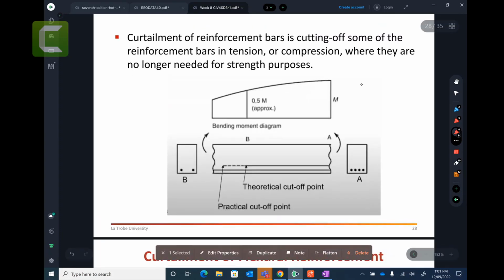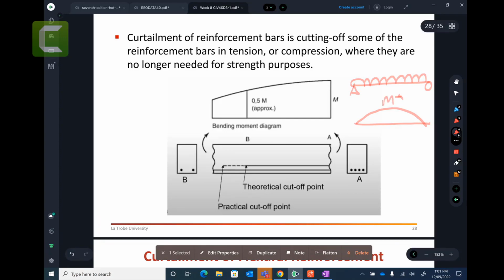Okay, let's say this is a simply supported beam, and you have a UDL load on this concrete beam. If I draw the bending moment diagram, it would look like this. Do you follow me? This is, let's say, M star.